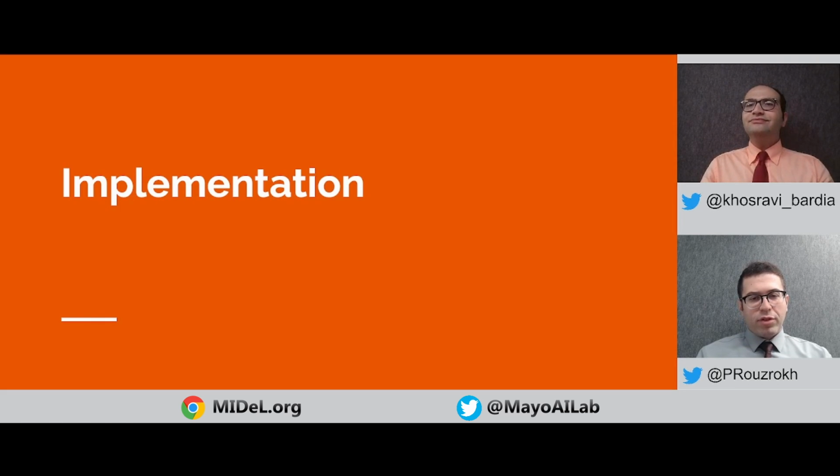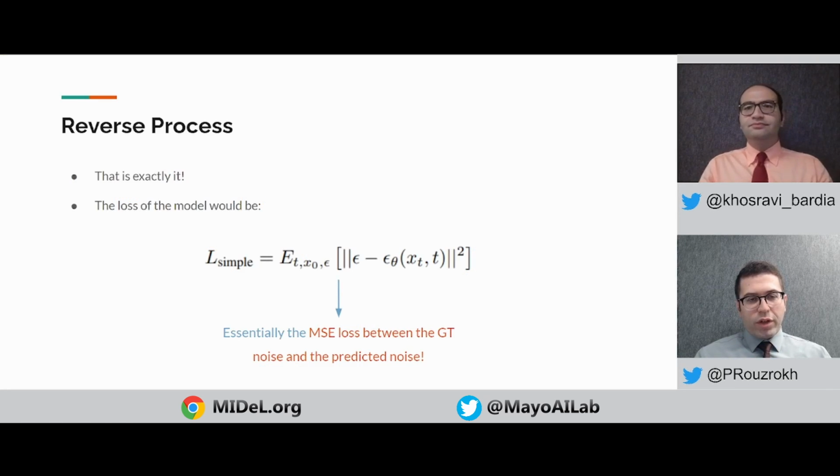So, Brandon, before we go to the implementation, what I understand from this reverse process is that we are basically going to move in the reverse direction of the entire steps that we defined before. So we're going to start from the final step and move towards the first step, towards our ground truth image, the first image before it was noisy.